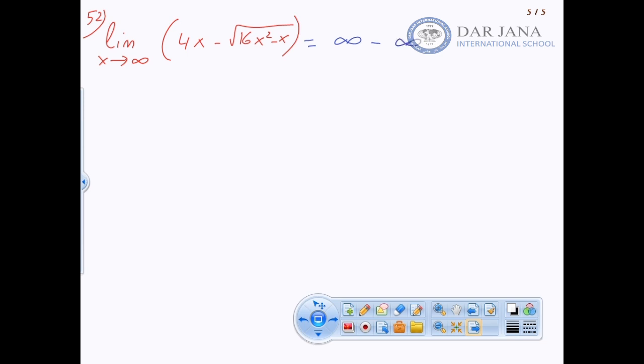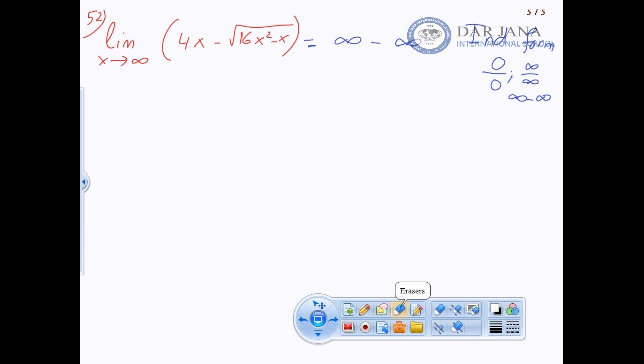Infinity minus infinity is one of the indeterminate forms, as you know. We have many indeterminate forms: 0 over 0, as we took at the beginning of the year, infinity over infinity, and also infinity minus infinity. Anyway, how are we going to find this limit?